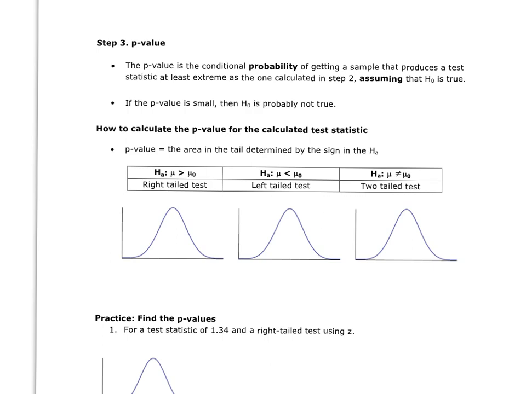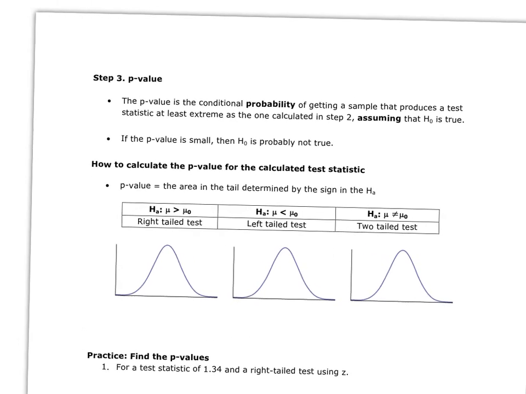Okay, so if we put what the p-value is in probability notation, it is equal to the probability of getting whatever test statistic we did in step 2, given that the null hypothesis is true.